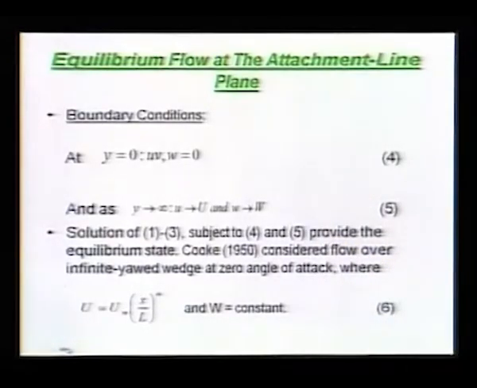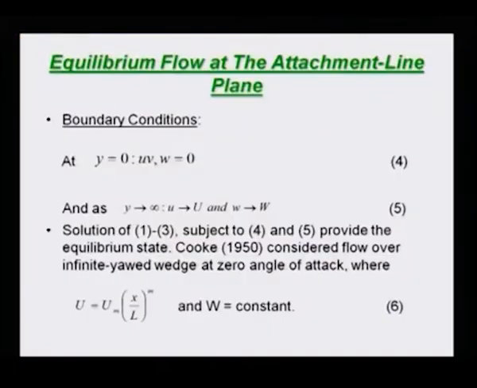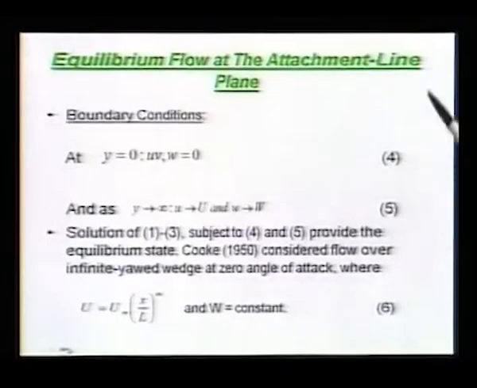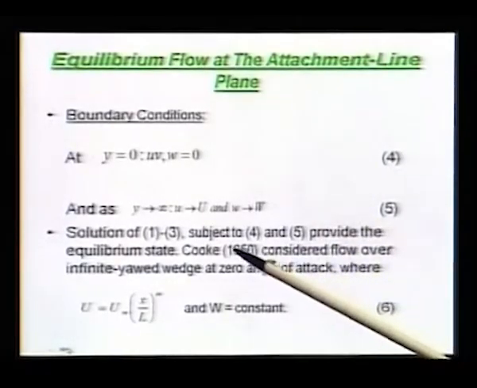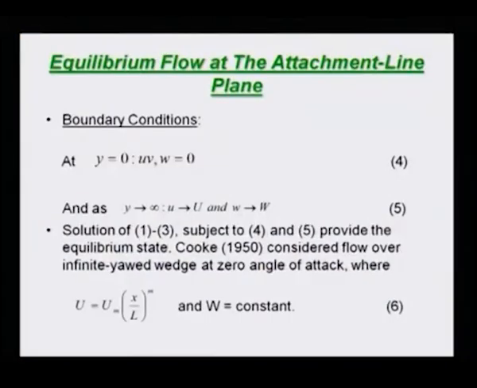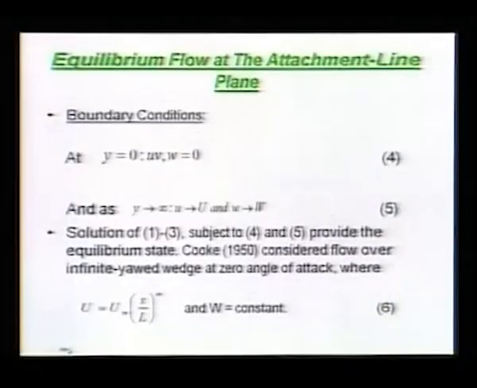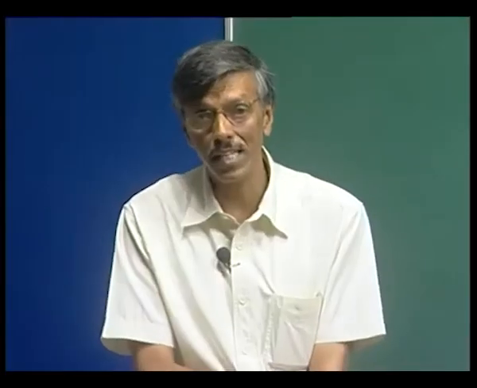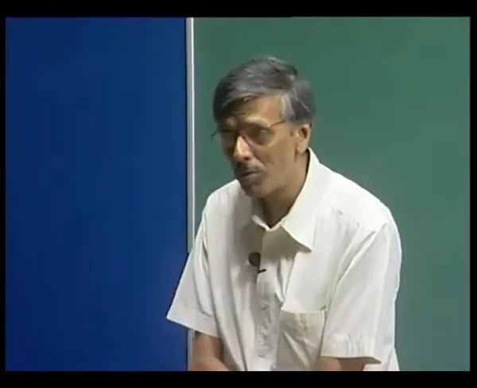And now, if I try to solve those 2 momentum and the continuity equations subject to these boundary conditions to get the equilibrium state, Cooke actually thought of extending what Falkner and Skan had already done for flow with pressure gradient.